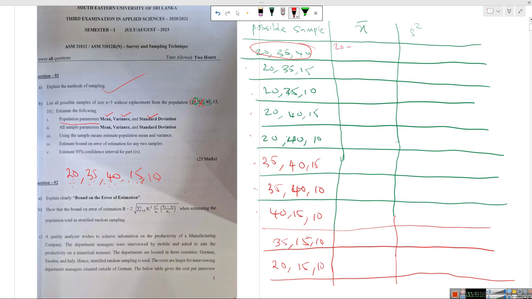So 20 plus 35 plus 40 is equal to 95, divided by 3, that is 31.6666, right? Now likewise you can try to find the x bar for the remaining samples also. Let me just quickly calculate it and put it here.